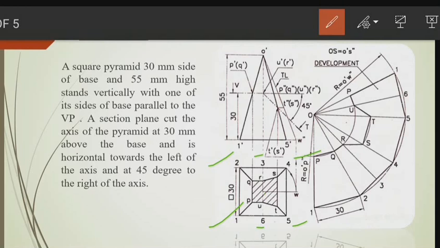Now in the front view, you can see that here it is 1. When you see from the front side, you can see only one, so it is 1 dash, then 5 dash, and then O dash. O is the center point, so O dash. So you got the front view and also the top view, a square shape top view.